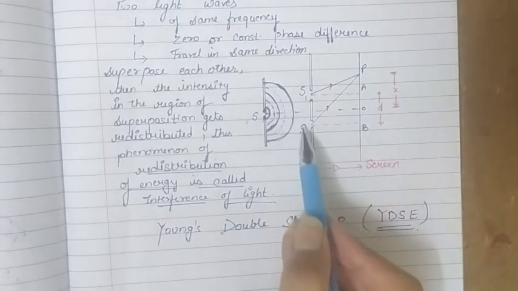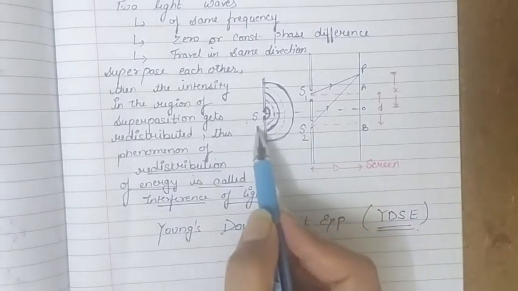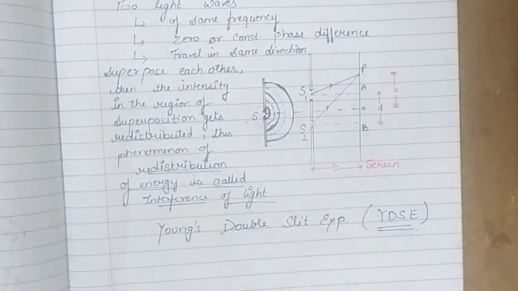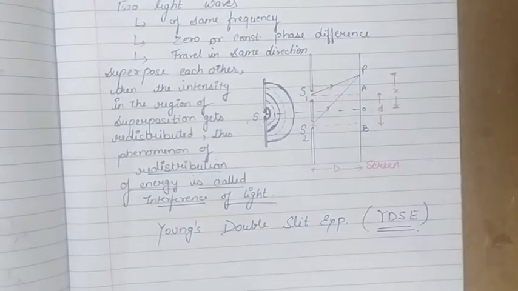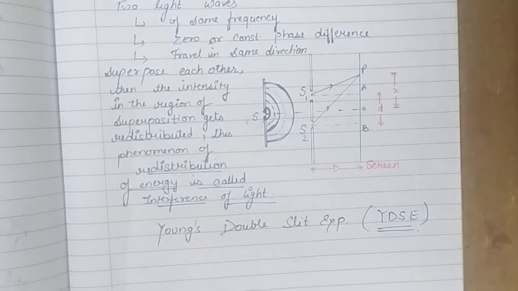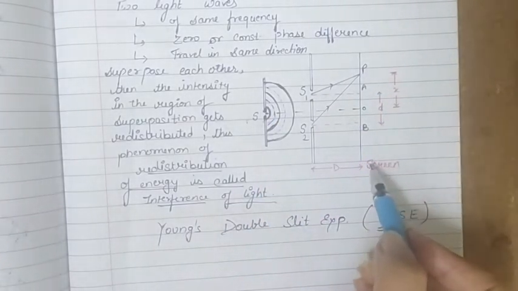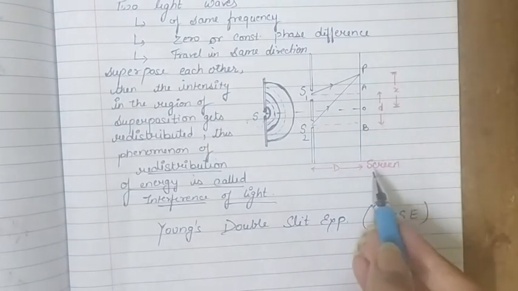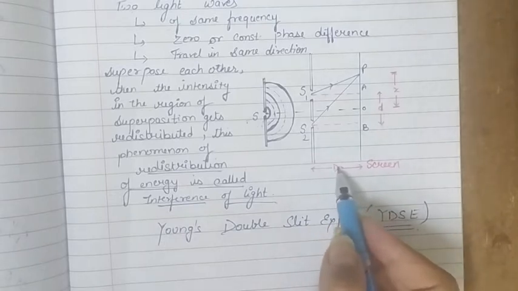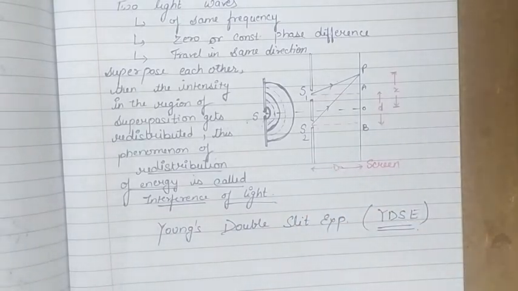The separation between S1 and S2 is about 2 mm, and the width of each slit is about 0.3 mm. After this there is a screen at which the pattern or the redistribution of energy is observed. This distance capital D, from the two slits to the observation screen, is about 2 meter.